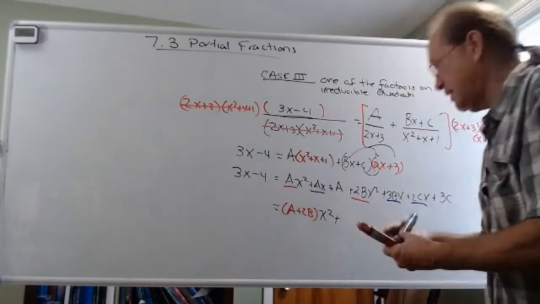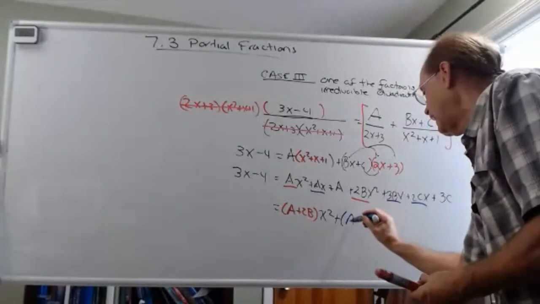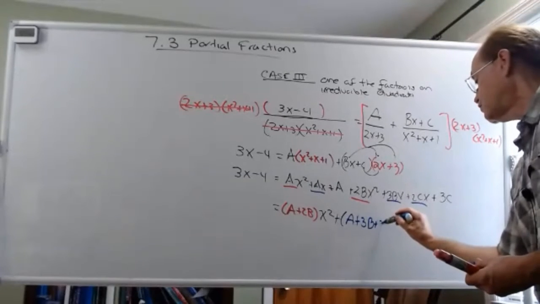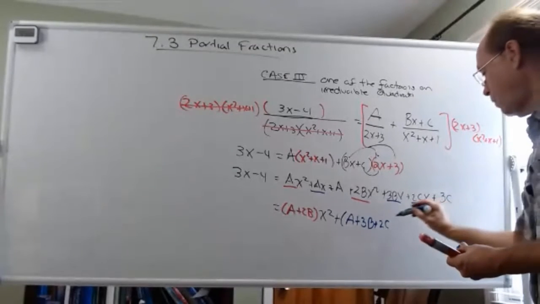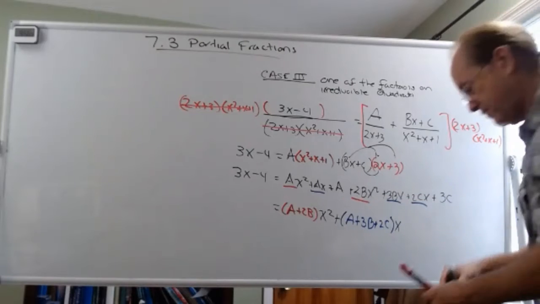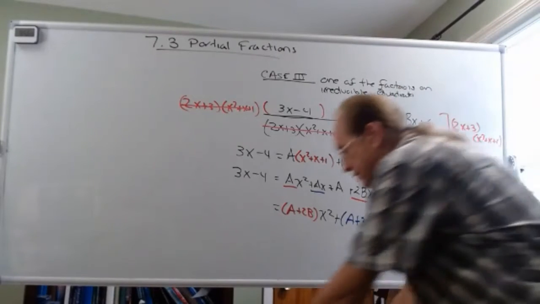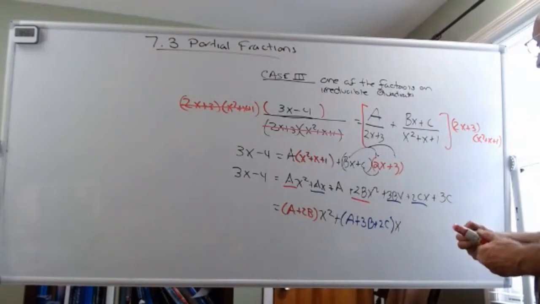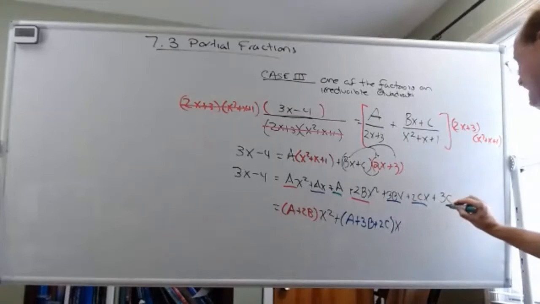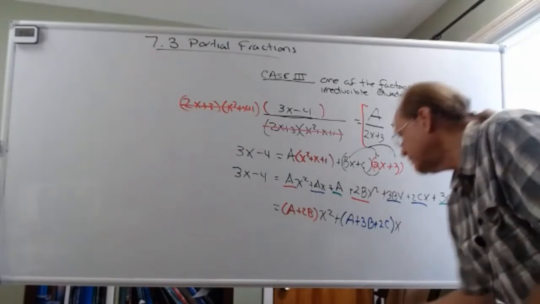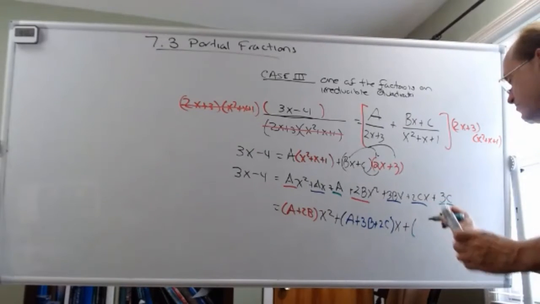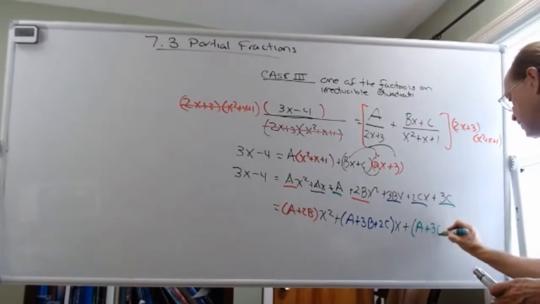I get plus (A plus 3B plus 2C), and this is all times the x. And then at last, I just have the constant term, my A and my 3C. So it's plus (A plus 3C).